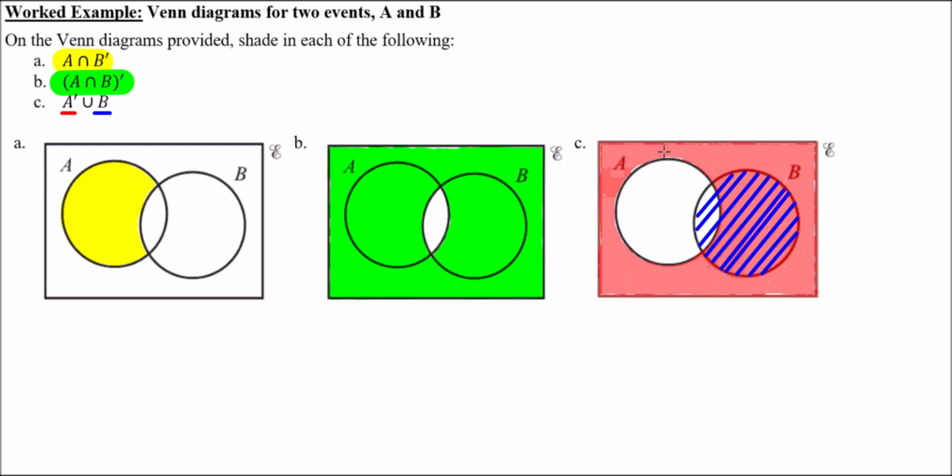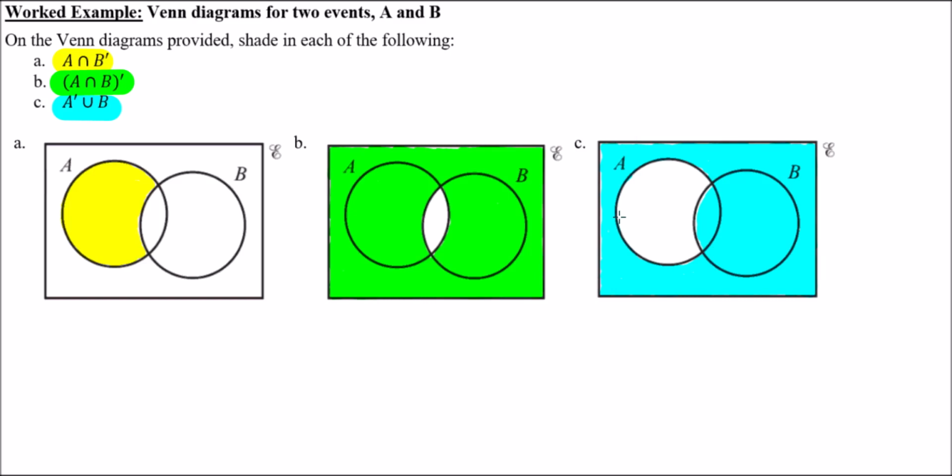So essentially the region we're going to colour is where you can see either red or blue or both. So colour everything in apart from what's not been touched at all. So we're going to colour in all of this rectangle apart from this bit of circle A. So you should end up with something looking a little bit like this.